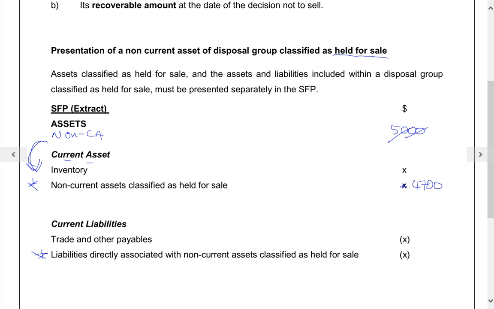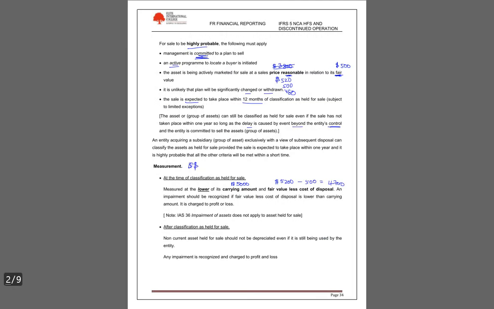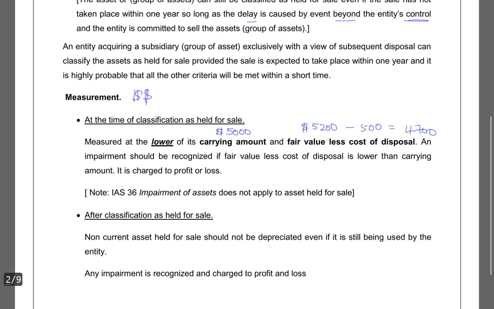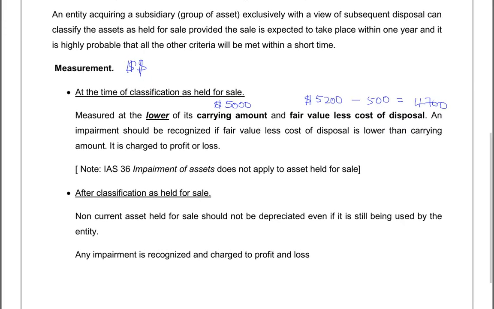Once you meet the criteria and transfer down, we don't depreciate. We take the lower of the carrying amount and the fair value, and a non-current asset held for sale should not be depreciated, even if it's still in use.